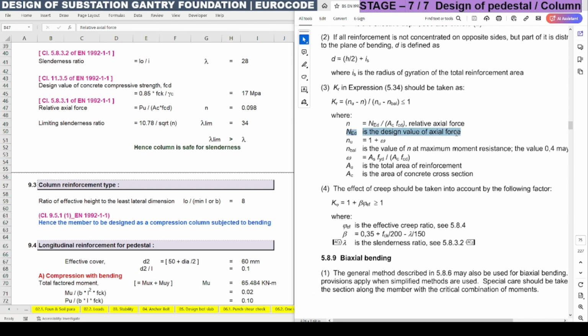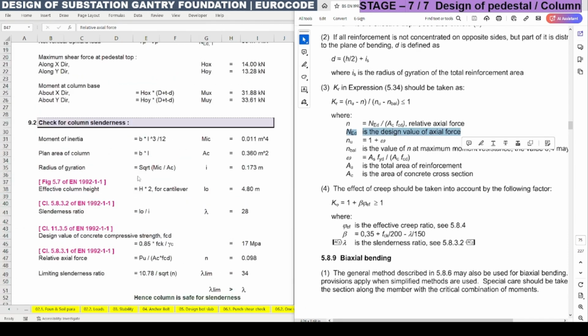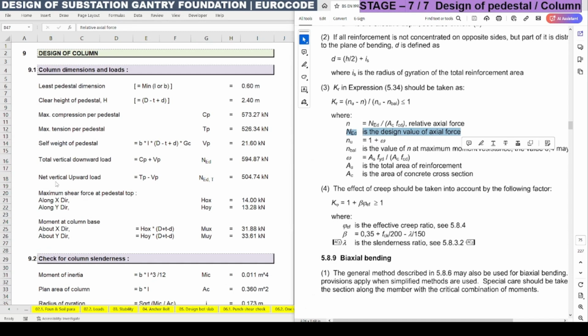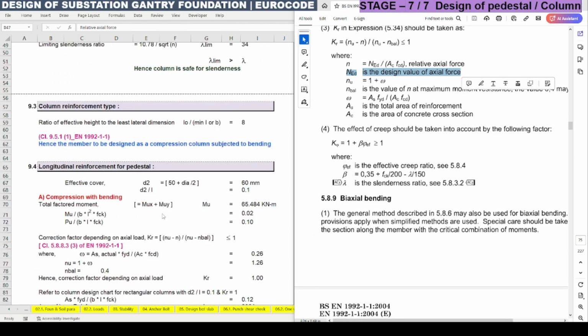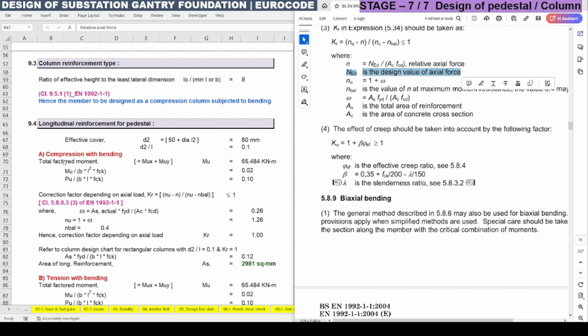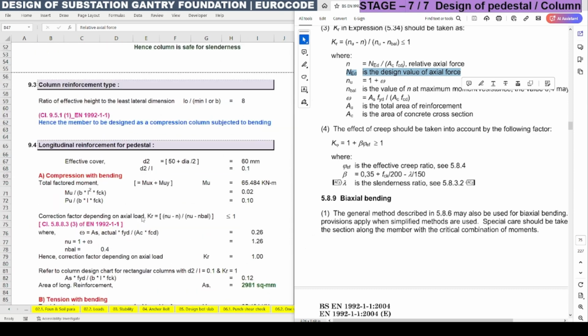And NEd we know is the axial force downward and upward, which we have calculated already, NEd and NEdT. Corresponding to the case we need to apply. This is compression with bending, so only NEd we need to consider, that is the total vertical downward loads.